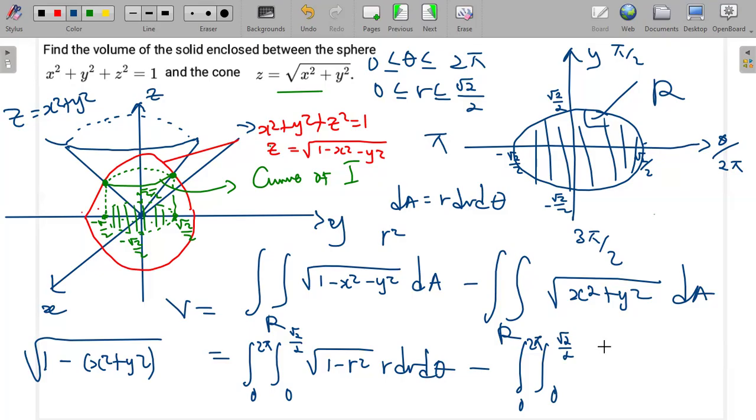The square root of r squared is r, and then the Jacobian r, and dr d theta. So this here will be our volume.